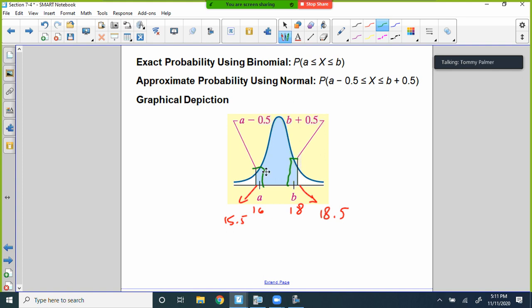Binomial probabilities are basically a histogram, the little tall rectangles, so when you do the half, it gets a closer approximation. So we do normal CDF, the lower bound is 15 and a half, the upper bound is 18 and a half, and then you use your mu, or mean of x, and your standard deviation of x. That's how you type it in to find that area, probability, or proportion.